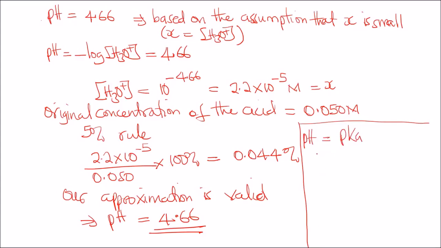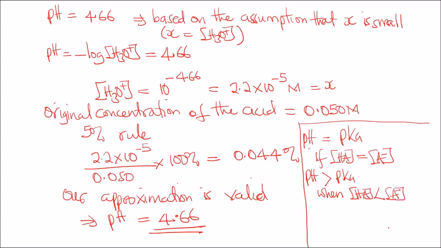This happens only if HA is equal to A minus, that is, if the concentration of the acid is equal to the concentration of the base. pH is greater than pKa when the concentration of acid is less than the concentration of base. pH is less than pKa when the concentration of acid is greater than the concentration of base.